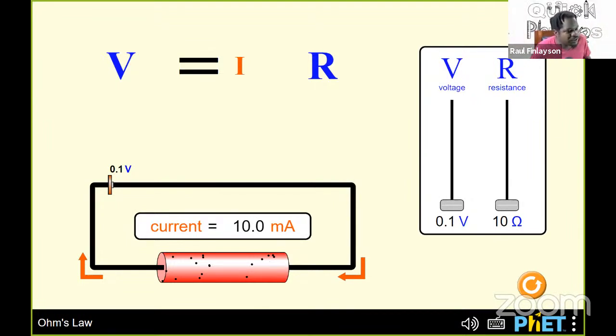However, an increase in resistance will cause a decrease in current. The fancy way to say it is that current is directly proportional to voltage, but inversely proportional to resistance. So that's the story there, guys.